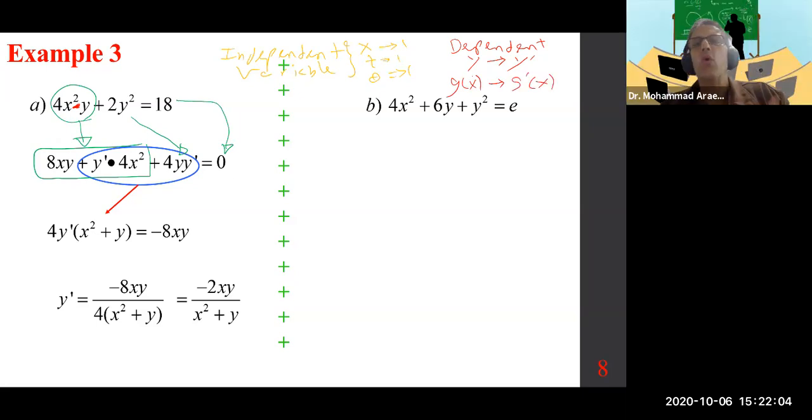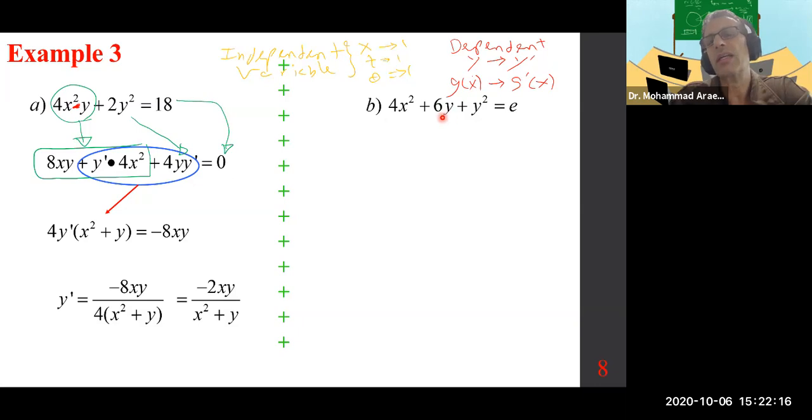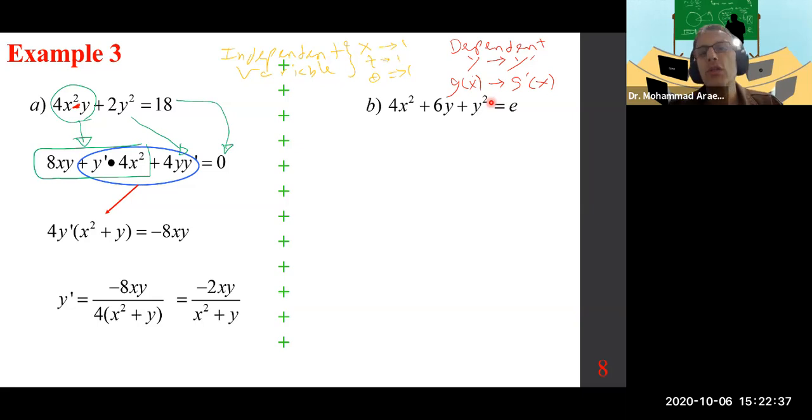It's important to see y is the same as g of x. Therefore, going back to the question again, we know the derivative of 4x squared is 8x. It's not a big deal. What about 6y? It's 6y prime. Okay? What is the derivative of y squared, class? Anybody? 2y prime. That's it. 2y, y prime. What is the derivative of g of x to the power of 2? 2g of x, g prime of x.